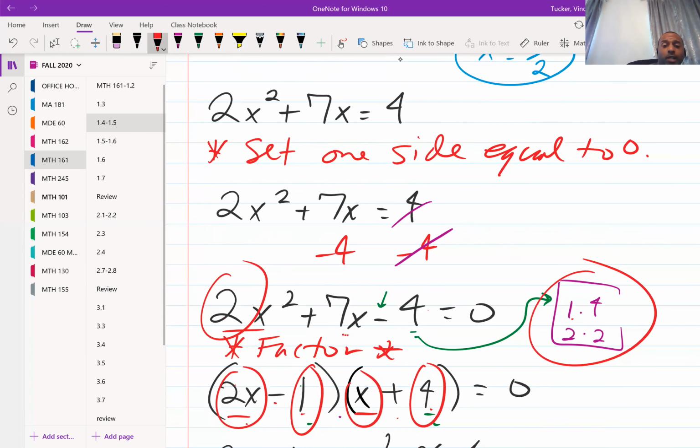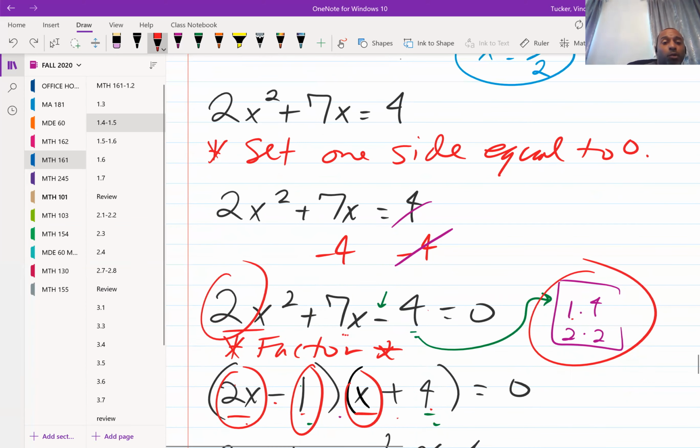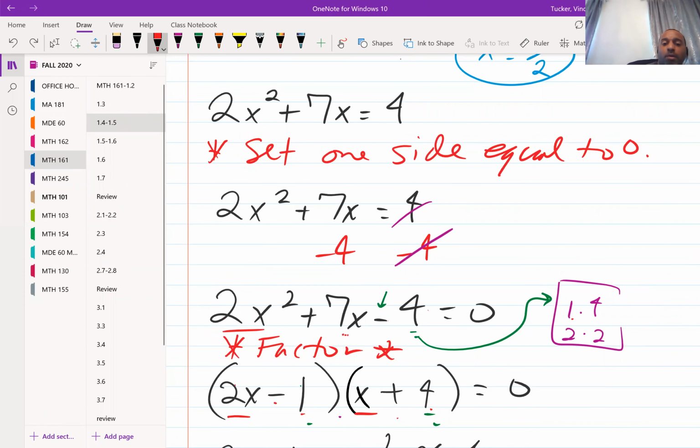So then you would have to check it and make sure you actually get 7 in the middle when you multiply back out to check. Remember I told you, when you factor, multiplying it back out is how you would check to see if it's the actual factorization, see if you get what you originally had. So what I would do is use those factors and then multiply it back out to check to see if I actually get 7x in the middle.